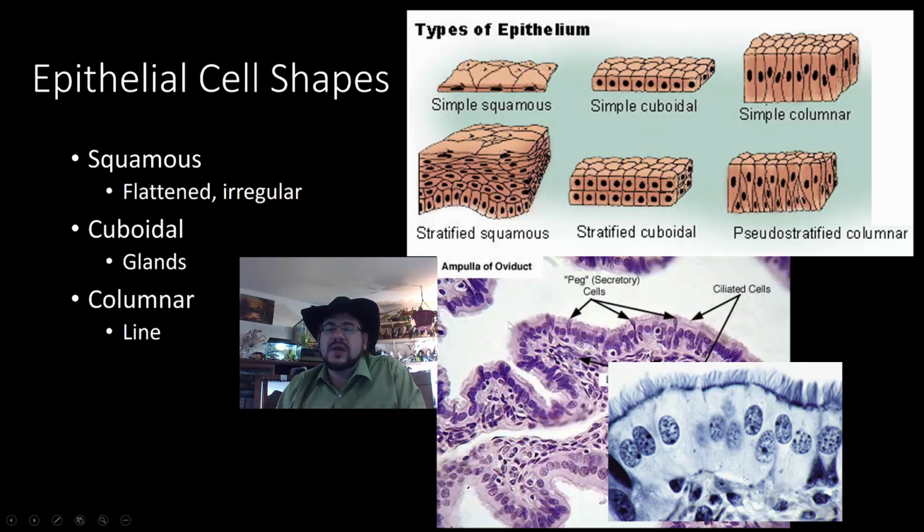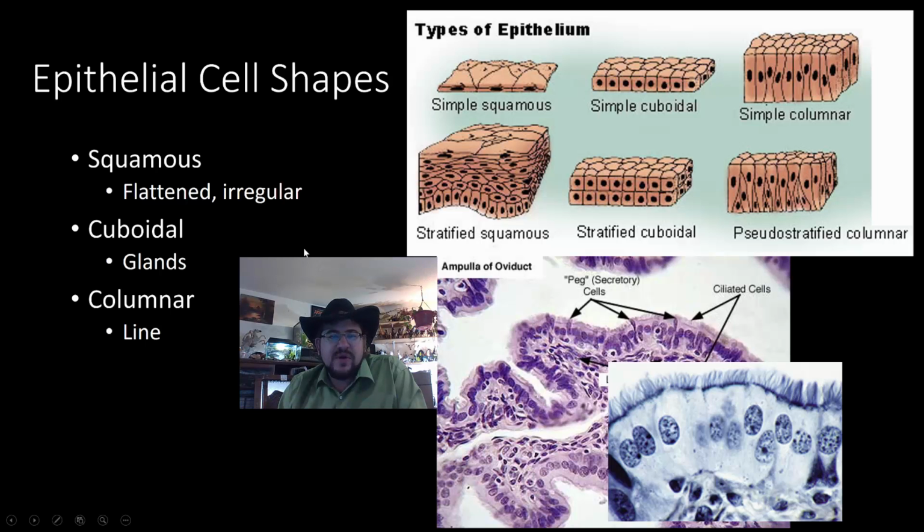And then here are some other ciliated cells. So the whole idea is columnar cells line the digestive tract, they line the uterus and the fallopian tubes. In the digestive tract, their big function is absorption of nutrients. And as I mentioned, in the uterus and the fallopian tubes, they're ciliated and they push the egg along the fallopian tube into the uterus. So there you go.